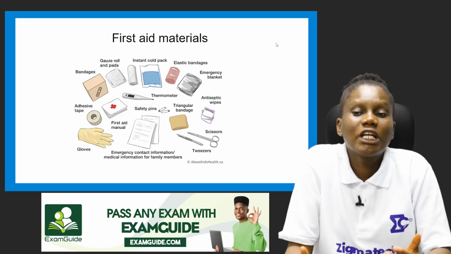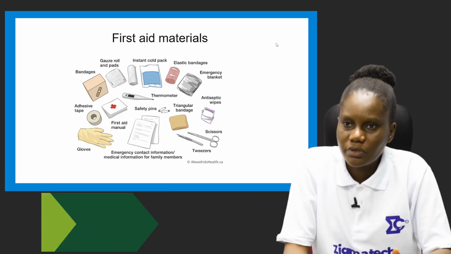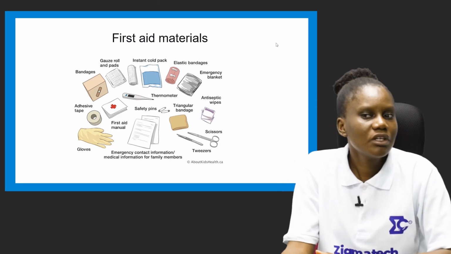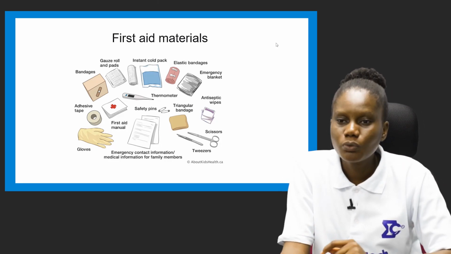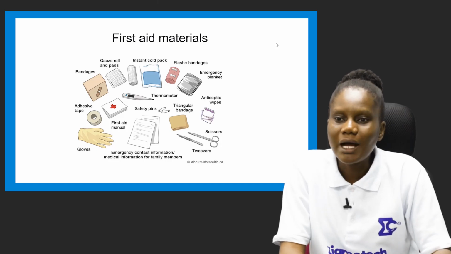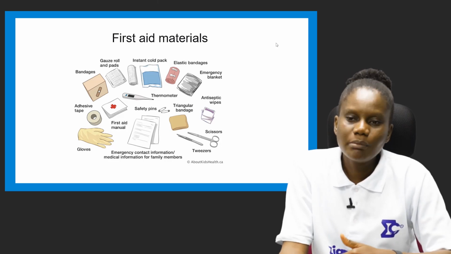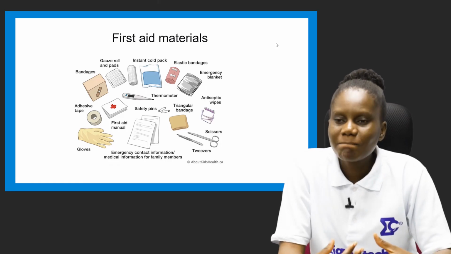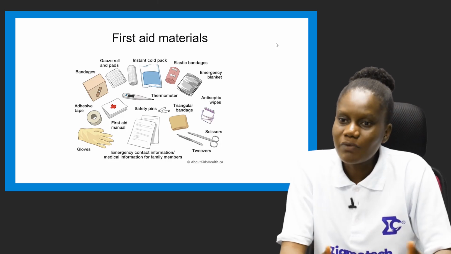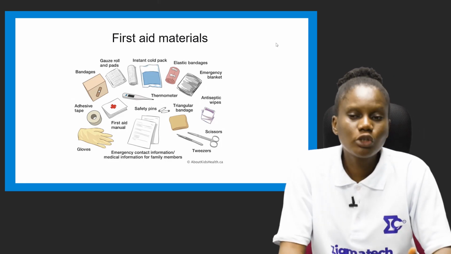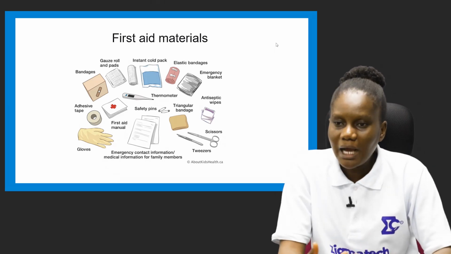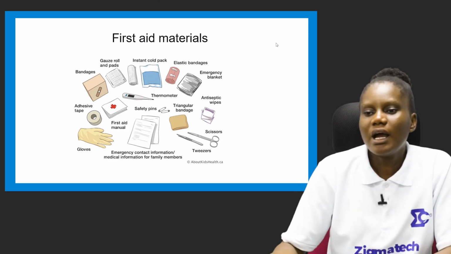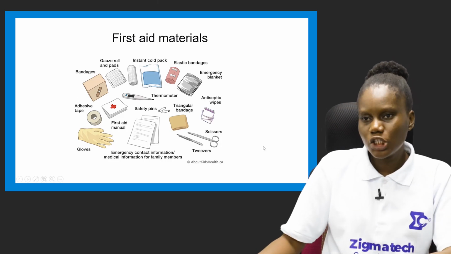In an organized school, this should be in the first aid box, where you can easily find the emergency contact information, maybe of the nearest hospital that you can easily call to come and take over, or medical information for family members which contains basic knowledge of the person's family lineage, like the blood group, genotype, and height, and the rest. You should have them, and even their family members' phone contact, you should have them in the first aid box.